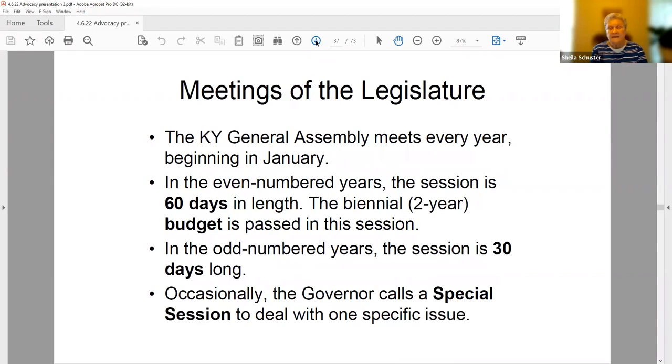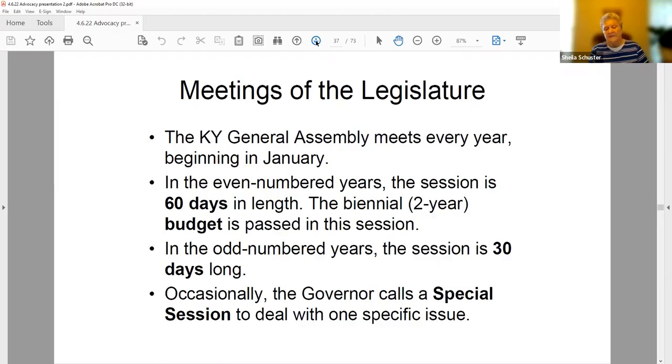So when I first came to Kentucky in 1970, I was amazed to find out that the legislature only met every other year. Most of you are probably too young to remember those days, but in 2000, the voters of Kentucky voted to go to annual sessions, but they made a distinction between a long session of 60 days in the even numbered years when we would do our biannual or two-year budget.